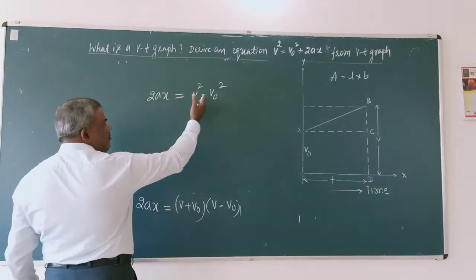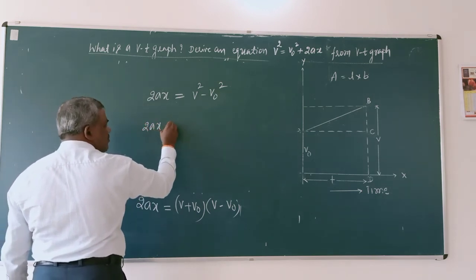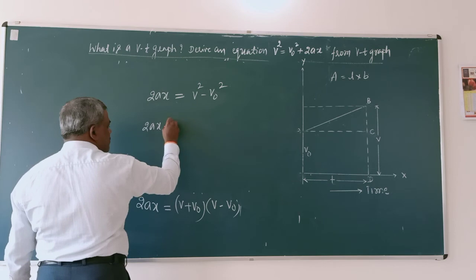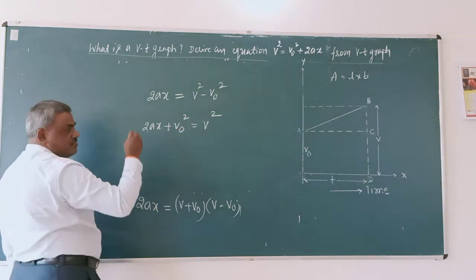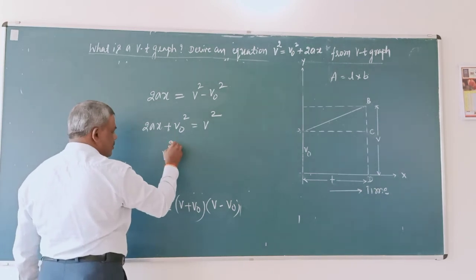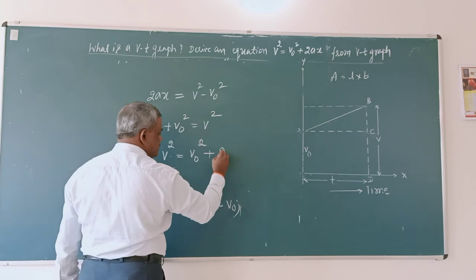So after V naught square, take it to this side: 2ax plus V naught square equals V square. So finally this equation is V square equal to V naught square plus 2ax.